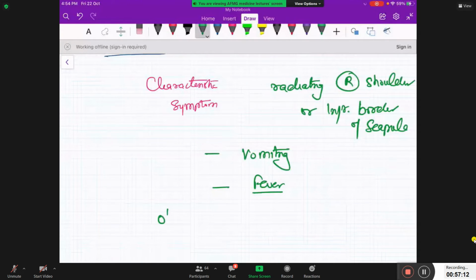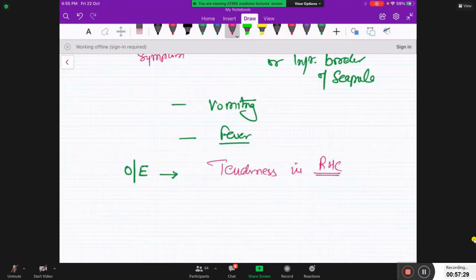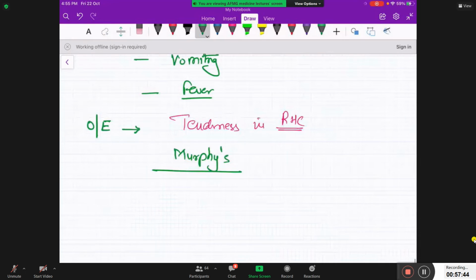On examination of these patients, you will find tenderness in right hypochondrium. And there is a classical sign present called Murphy's sign. What is Murphy's sign?